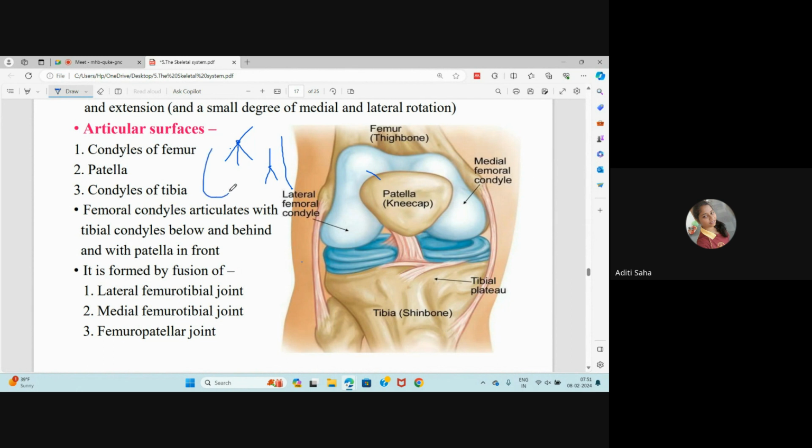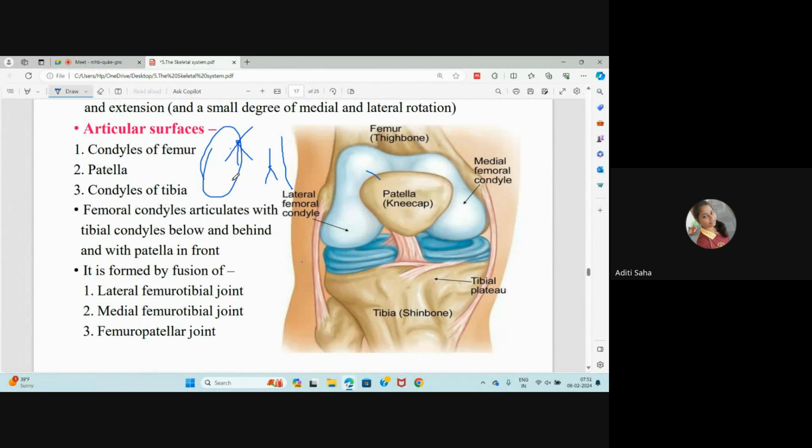Let's assume this is his or her right leg. Now tell me which side will be medial in this knee joint. The opposite of the lateral femoral condyle, that side is medial. Yes, good. So the midline of the body will reside in between these two.